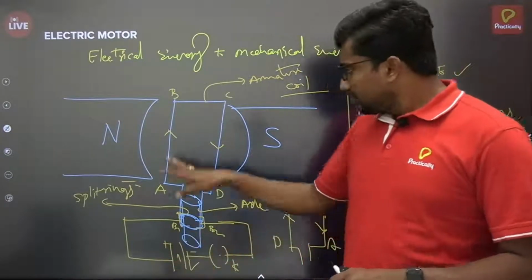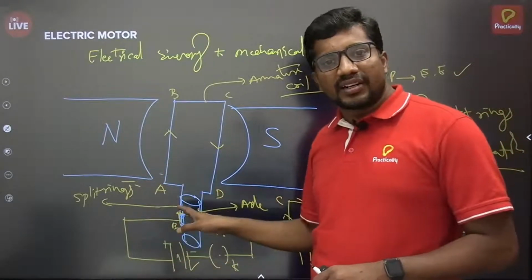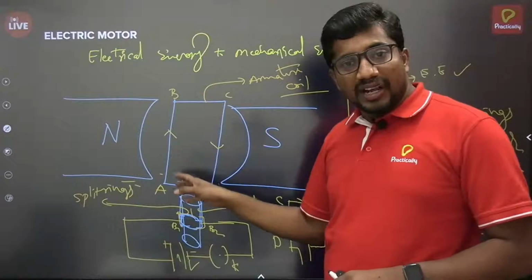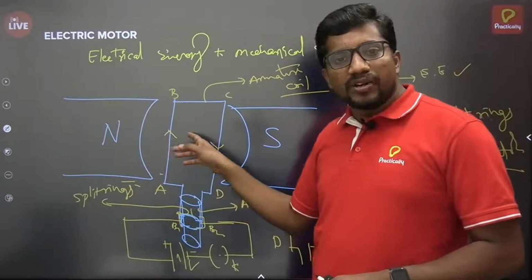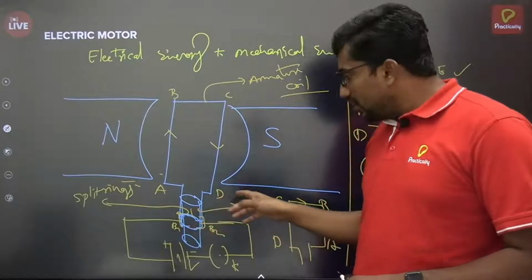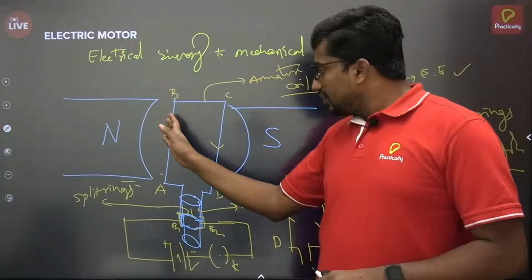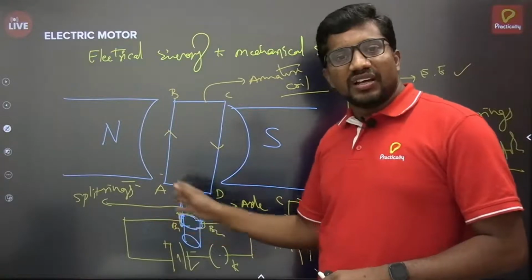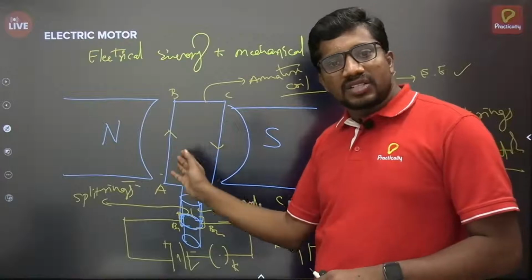Working. When the circuit is closed, current starts flowing through the conducting coil. Say the direction of the current is from A to B, B to C, C to D. Applying Fleming's left hand rule, in this situation the armature coil side AB will start moving down.